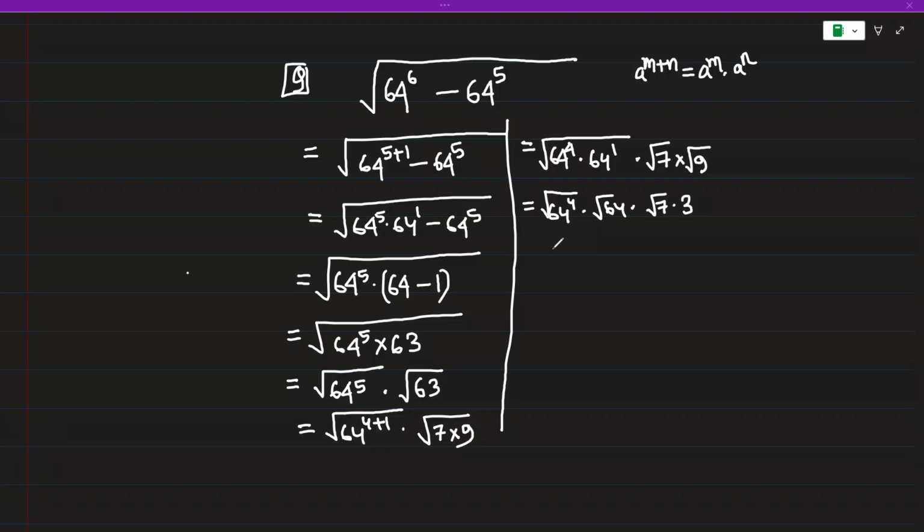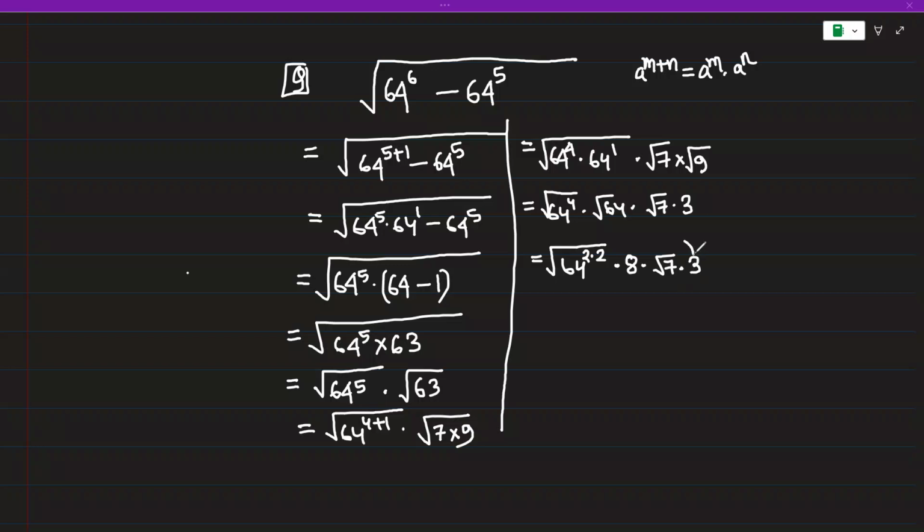Now 64^4, we can write as 64^(2 times 2). Square root of 64 is 8, times square root of 7 times 3.